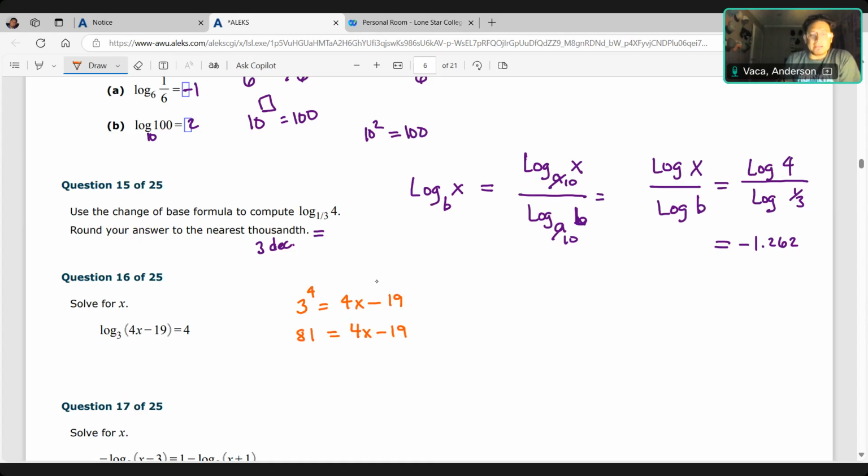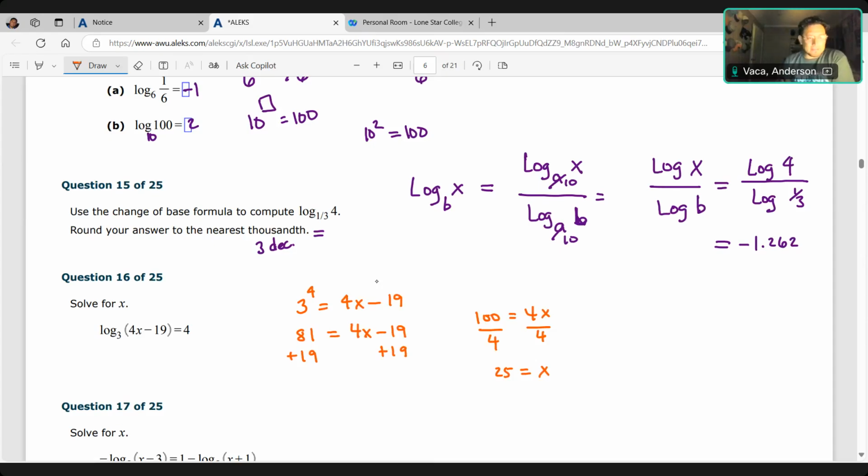81 equals 4x minus 19. We add 19 to both sides, and we get 100 is equal to 4 times x. Divide by 4, divide by 4. 25 is equal to x.